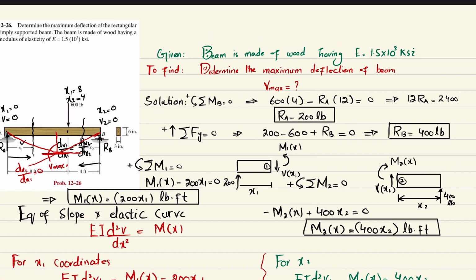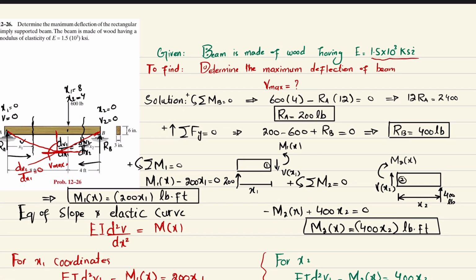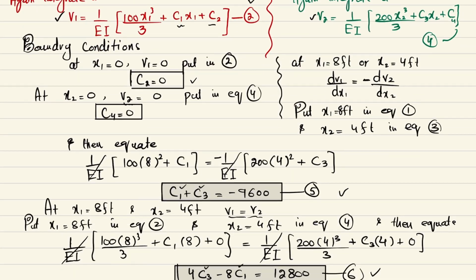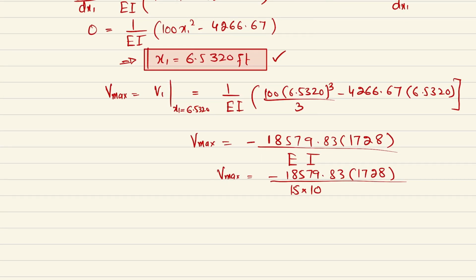We will also consider 10 raised to power 3, so it will be 10 raised to power 6, multiplied by I. For this, I first thought of a solid circular shaft, but sorry, this is a rectangular beam.